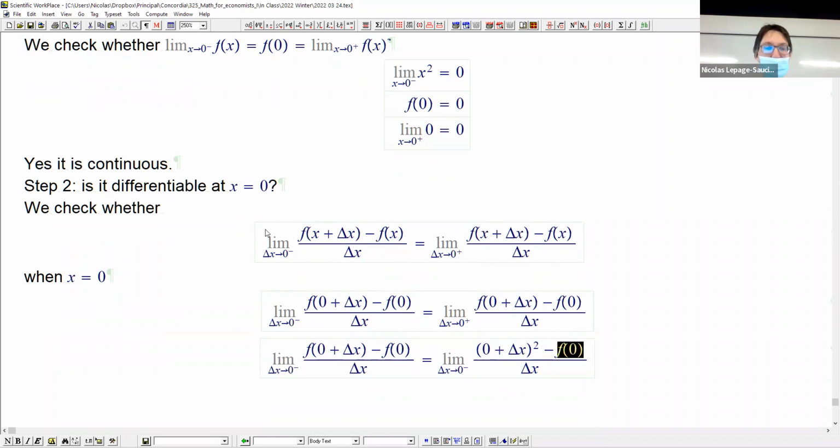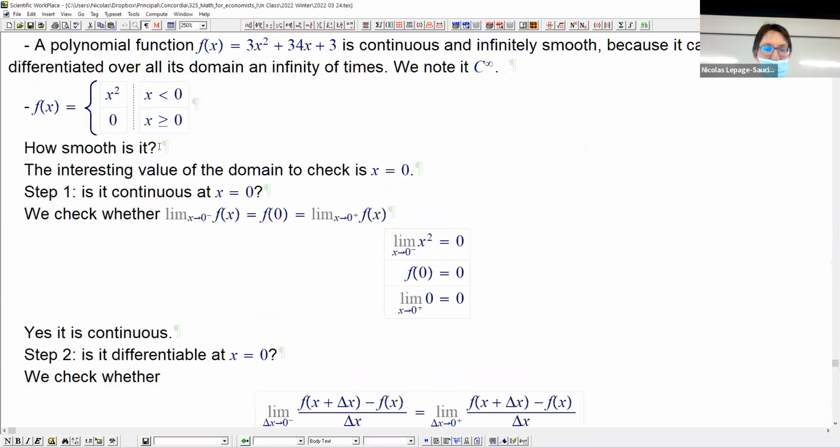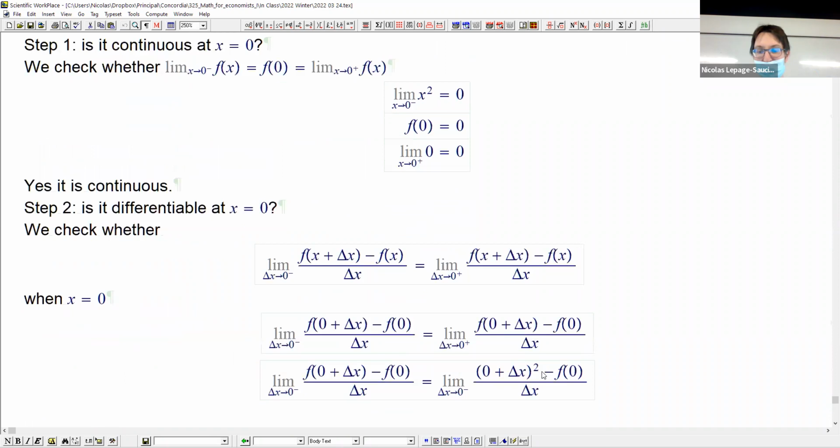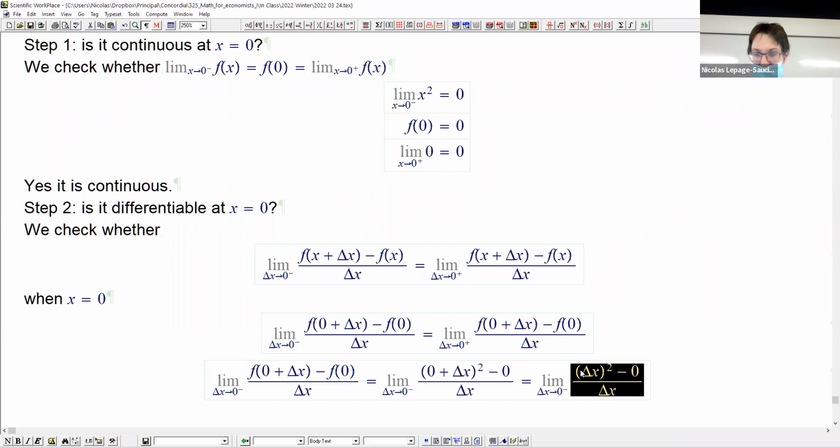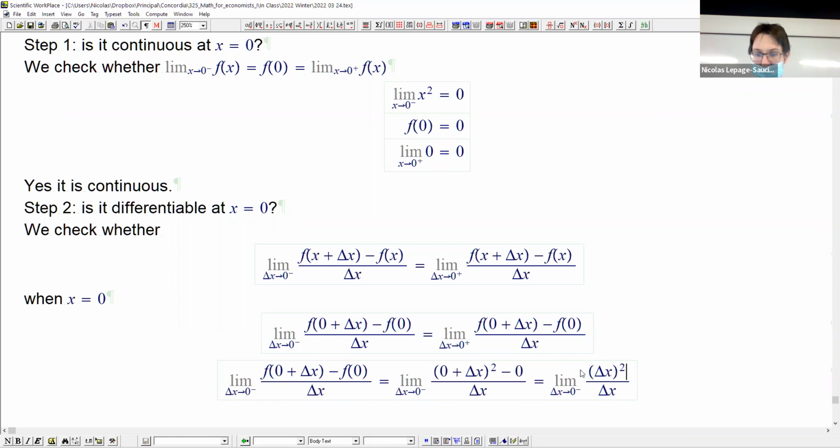Well, in which section am I when x equals 0? I'm at 0, so it's this section. So what do I get? This is 0, this is 0, and then I get delta x over delta x.